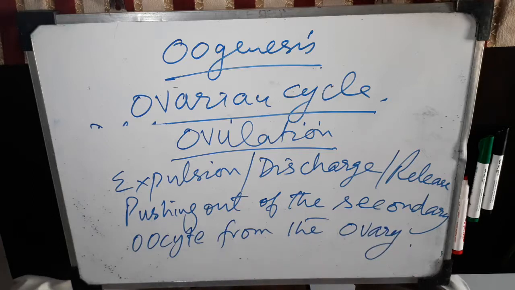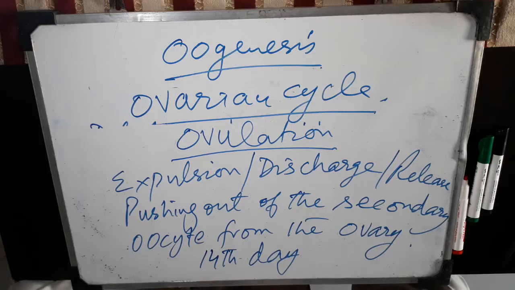So now this is expelled outside the surface of the ovary. This is known as ovulation, and it occurs on the 14th day of the cycle of 28 days, usually 14 days prior to the next menstruation. If the cycle is 29 days, it occurs on the 15th day. If the cycle is 26 days, it occurs on the 12th day.